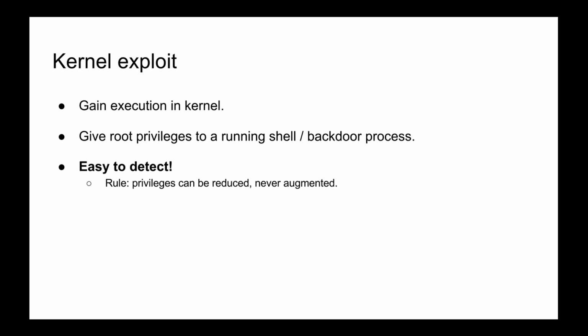Once this has happened, we just have to have a scanner of all running processes and take a look at their user IDs. Whenever the user ID of a running process changes by decreasing, thereby suggesting that the process is increasing its own privileges, it goes against a golden rule of the Unix security model, which is that privileges for a given process can be reduced but can never be augmented.